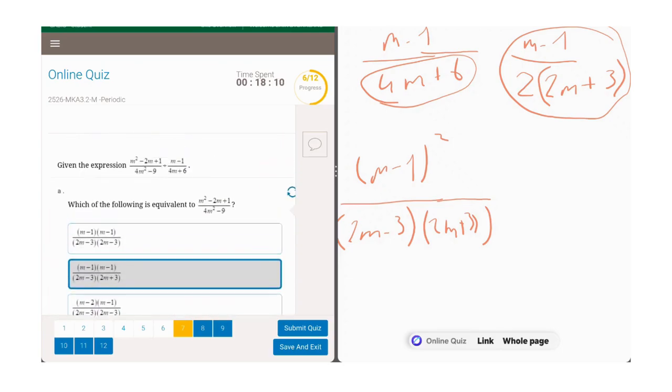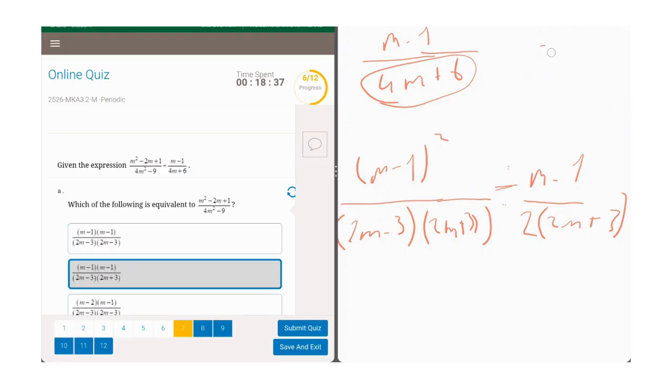So now we can divide m minus 1 and 2m plus 3. Be careful with the sign. You need to read the question before doing this, because you might use the wrong sign and get a completely different answer. So we do keep, change, flip.